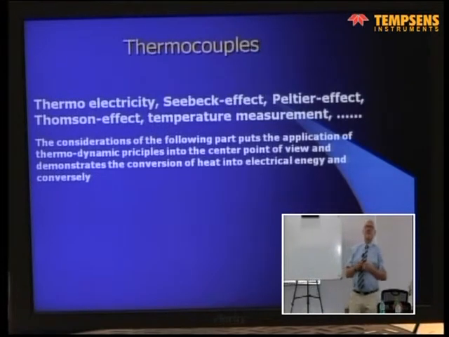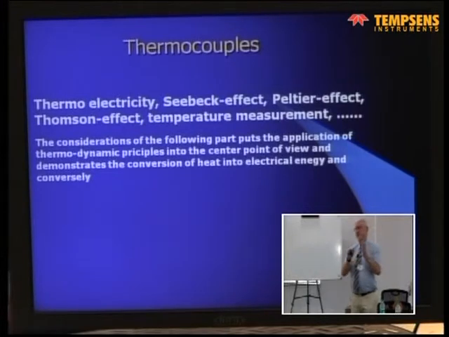The consideration of the following part puts the application of thermodynamic principles into the center point of view and demonstrates the conversion of heat into electricity or electrical energy, and conversely. Generation of electricity and temperature is combined together, and it is not divorceable in any kind.